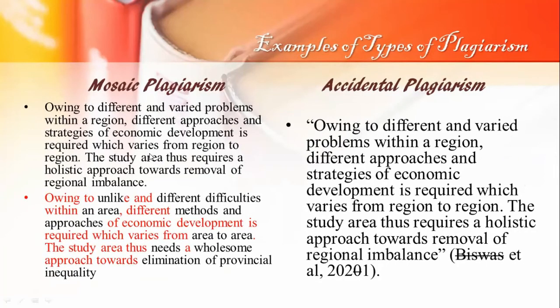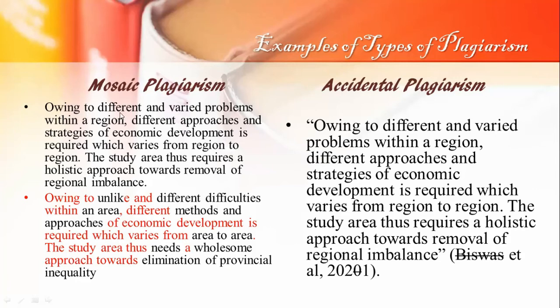Then let us come to mosaic plagiarism. In mosaic plagiarism, these are the original sentences. Now what I do is that I keep the structure the same. See, I have not paraphrased it. It is very important to paraphrase. I have kept the structure as it is, starting from "owing," then "imbalance." What I have done is use synonyms in between.